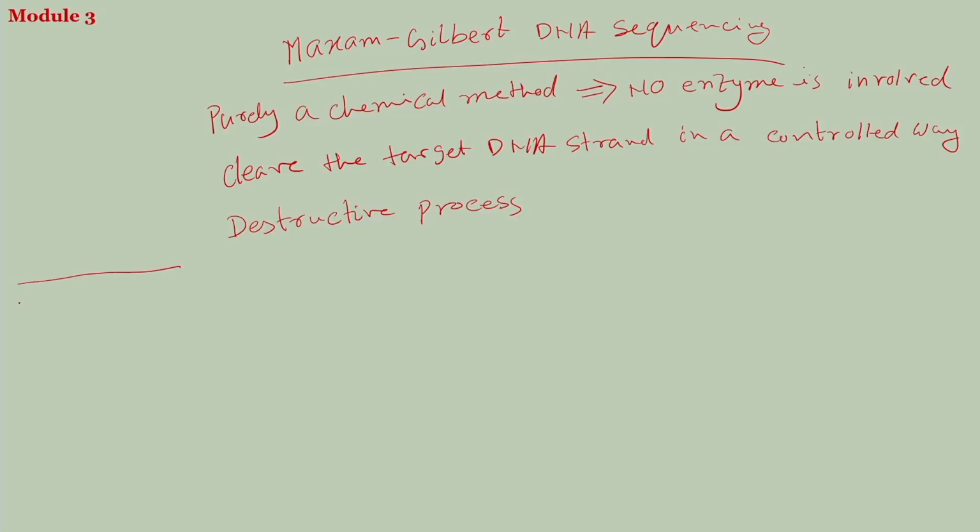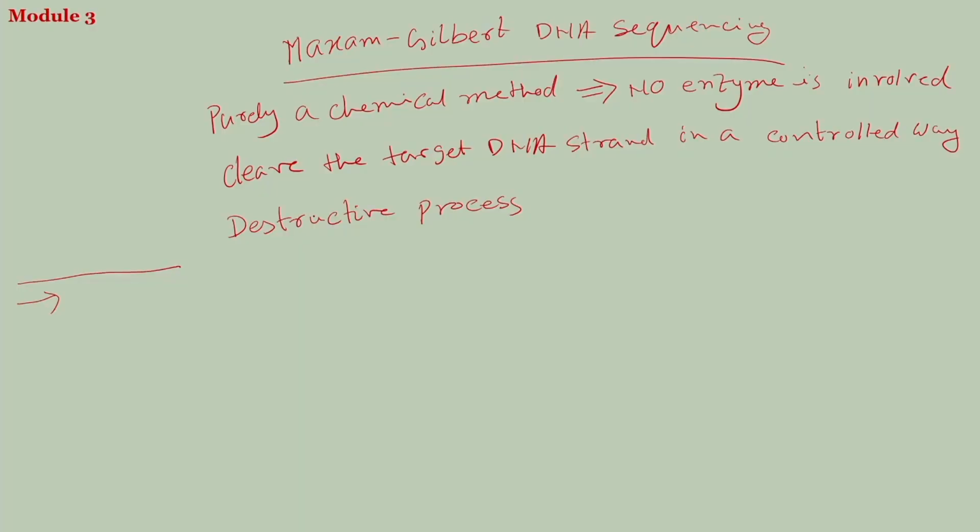What you have been doing, you have been trying to synthesize the complementary strand, which means your target DNA was always untouched and it could be reused again and again in the cycles. So, it is a non-destructive process. On the other hand, Maxam Gilbert method is a destructive process. You cannot recover your sample because your sample is getting cleaved or getting destroyed under the treatment by the chemicals.